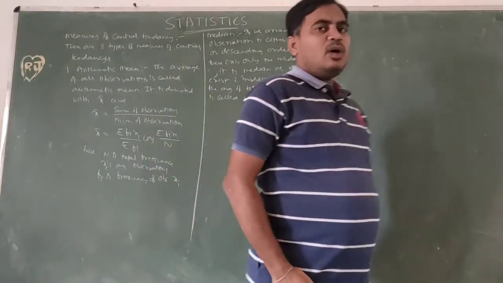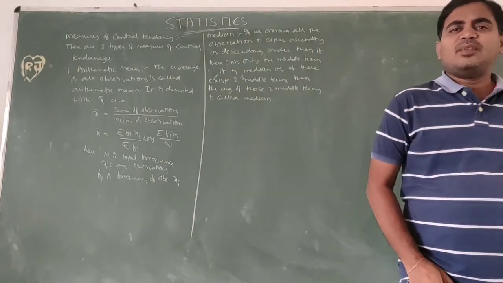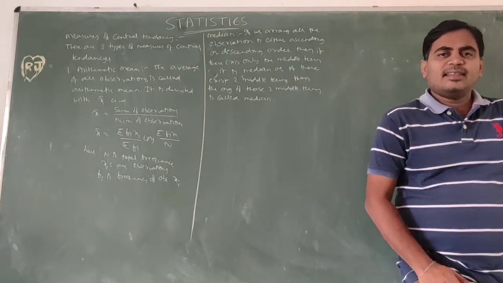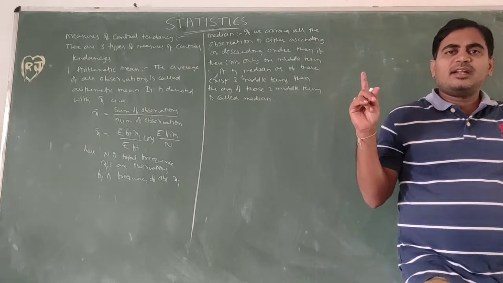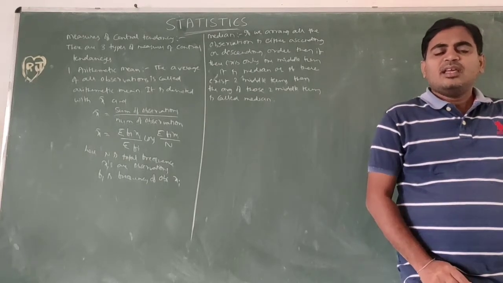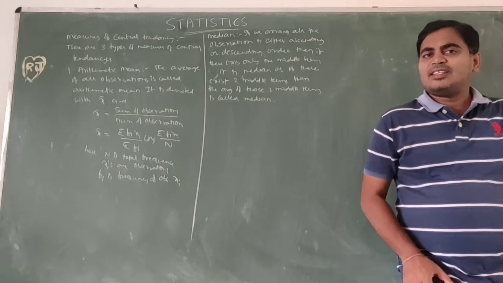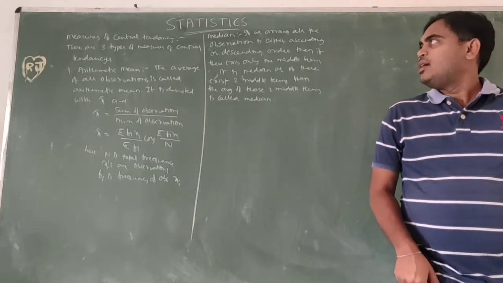So if we write all the observations in either ascending order or descending order, if there exists only one middle term, that middle term is called median. If there exist two middle terms, the average of those two middle terms is called median.